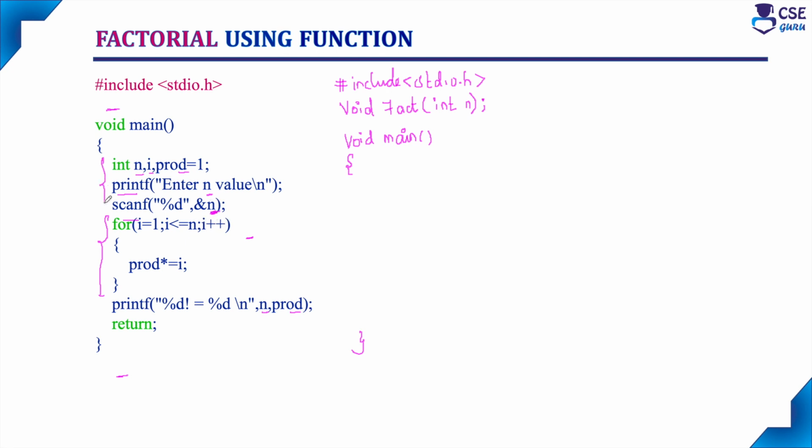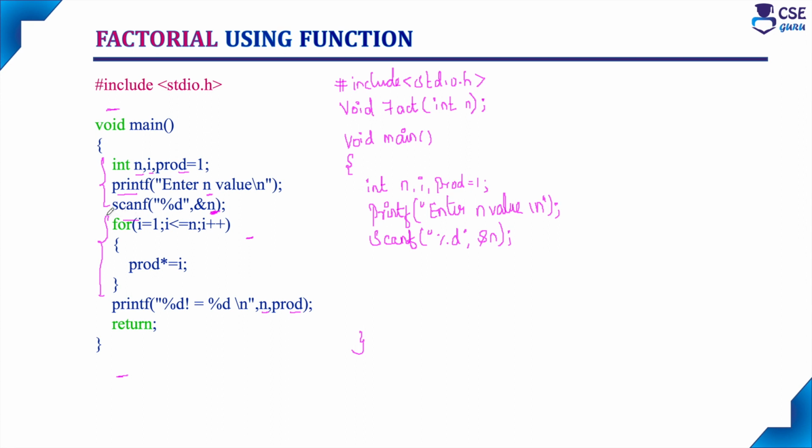So these three statements we will include here itself: int n, i, and product, the initial value of the product. Then using the printf statement, enter n value. Next, using the scanf statement, accept the n value and store it in the variable n.